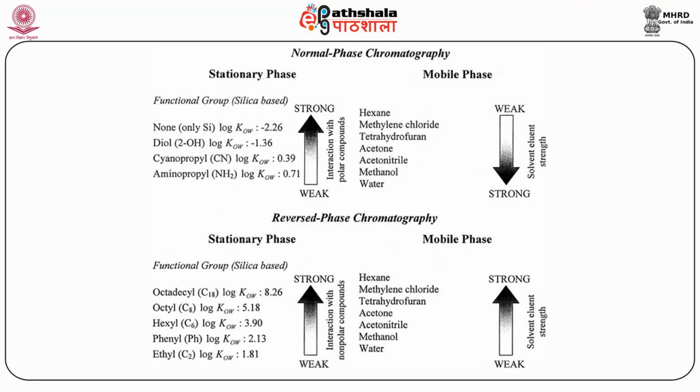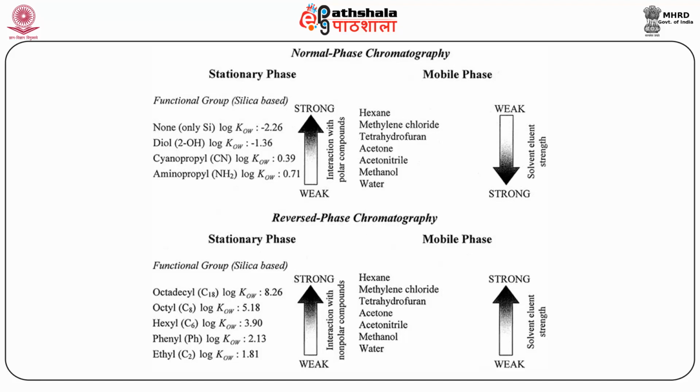In the lower panel, you can see the stationary phase and the pattern of elution strength of mobile phases. Here the silica is modified, for example with octadecyl, octyl or hexyl end capping of silica.